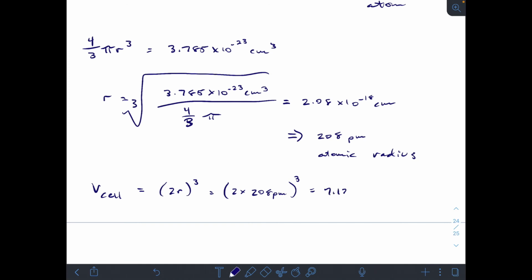Gives us the volume of the unit cell as 7.12 times 10 to the 7 cubic picometers. All right, so just a few simple pieces of information can take us very far with the knowledge that we have of geometry and of edge cell length and volume and spheres and all that wonderful stuff.